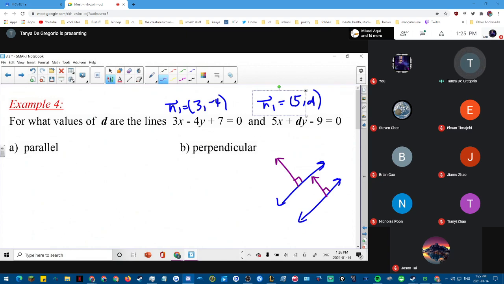Do you see that if the lines are parallel, so are the normals? So I can still use the normals to find values of D that will make these parallel. Okay, so that's the idea here. All right, so if I need them to be parallel, then that means that I need the direction vectors to be a scalar multiple of one another.